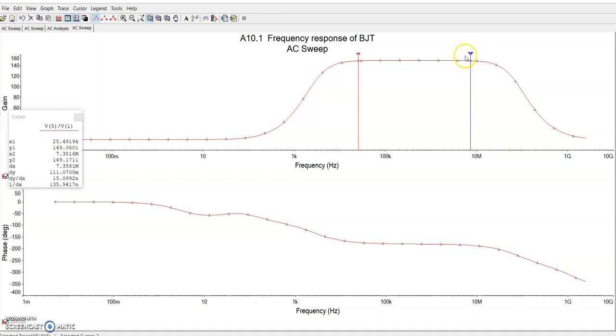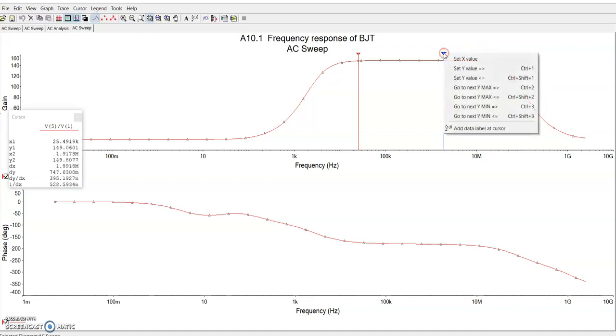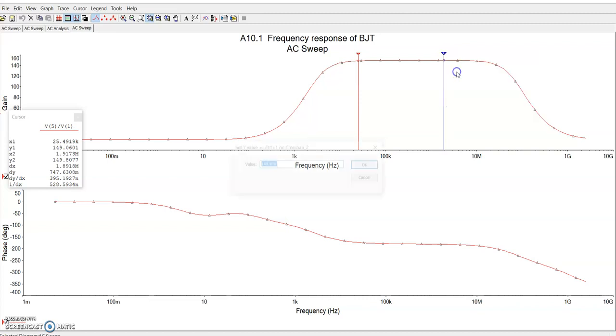You can move the cursors, or you can set the values. Right click on the cursor and set value. It's already 149. We can subtract 3 here. You can give 146 and click OK. It will place the cursor automatically at that place.